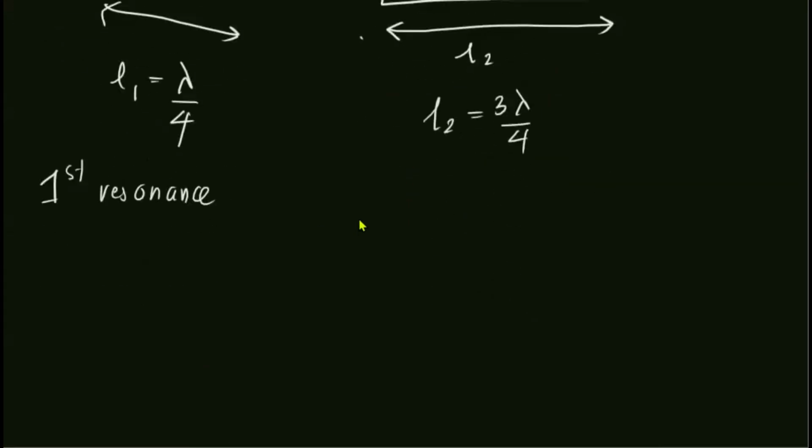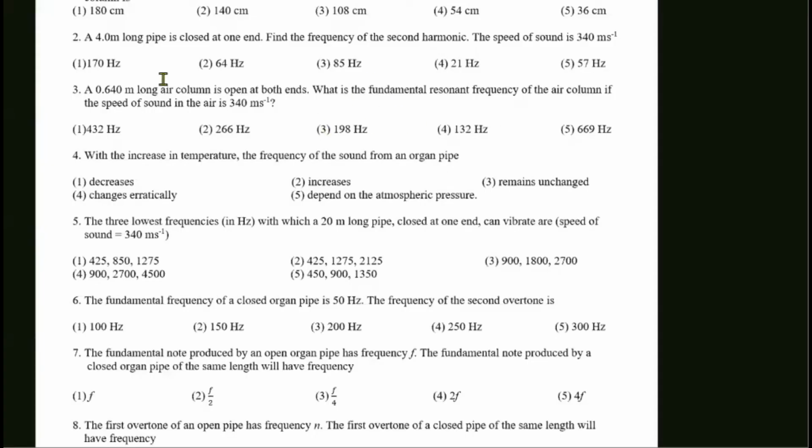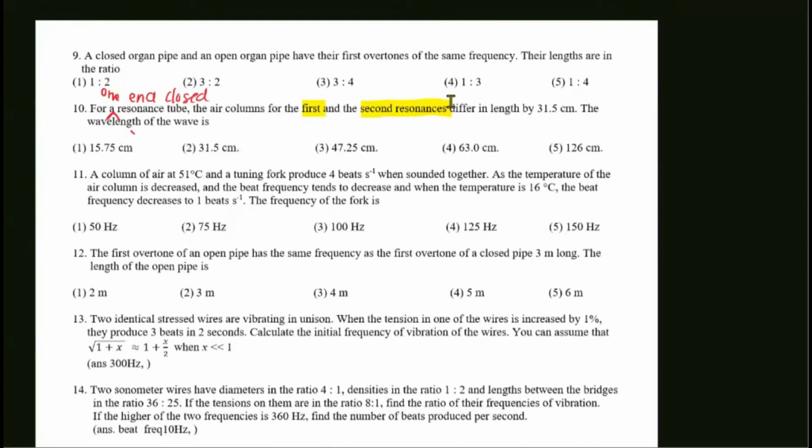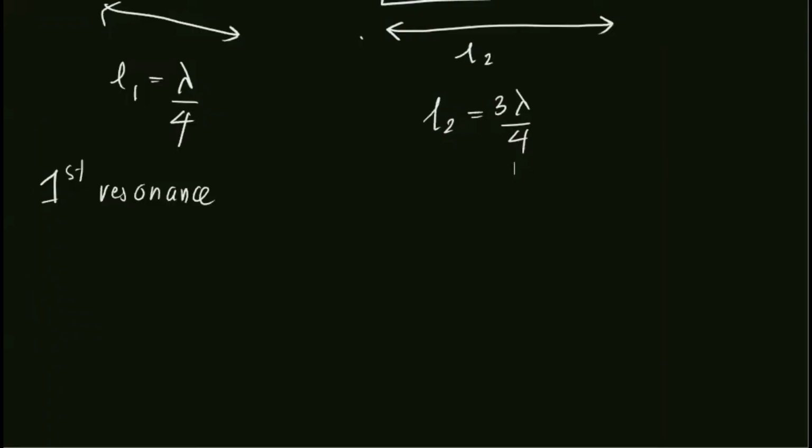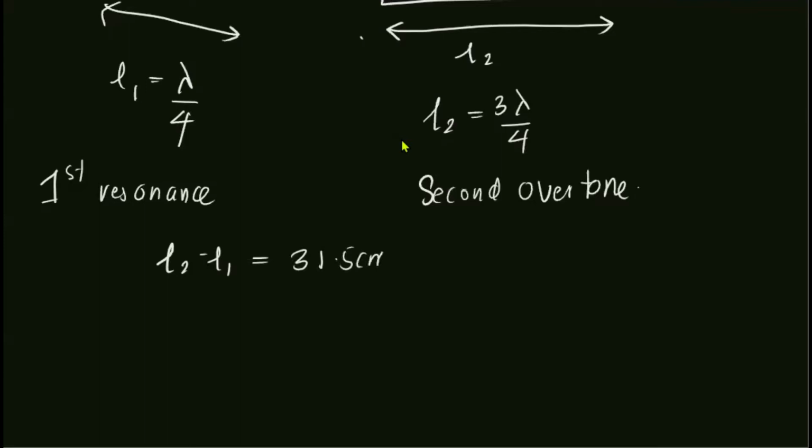They have told us the difference in length between the first and the second resonance, so L2 minus L1 is 31.5 centimeters.